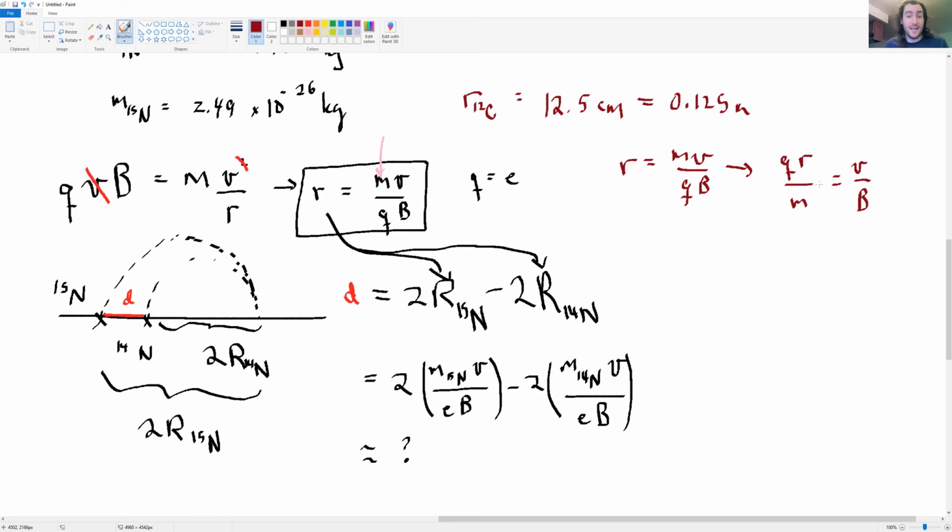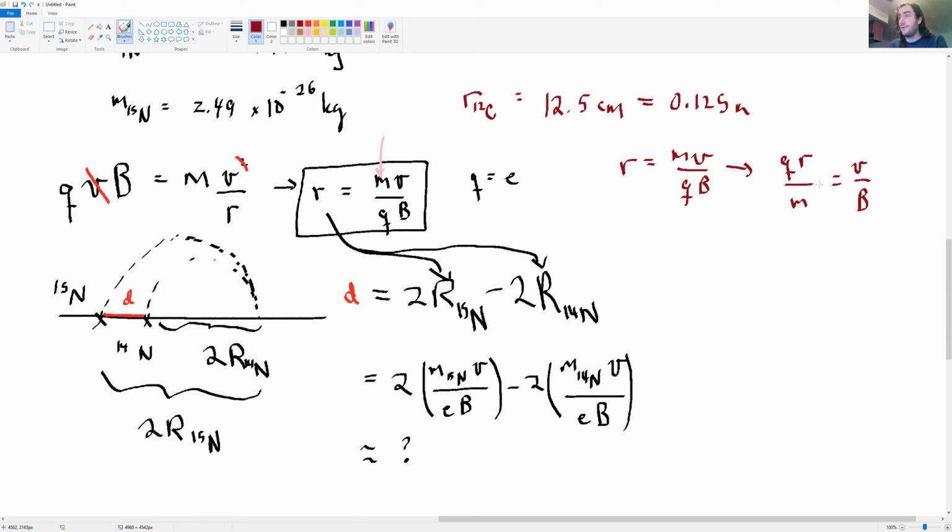Well, we know B is the same for all of these different isotopes, because it's the mass spectrometer. You launch the particles into that magnetic field, so that's a fixed magnetic field. But the key here is you need to be able to argue that the velocity is going to be the same for all of those particles as well. So you imagine something like a velocity selector in place before you launch those particles into that magnetic field region, because if you have particles going in with different velocities, they're going to have different circular motions.